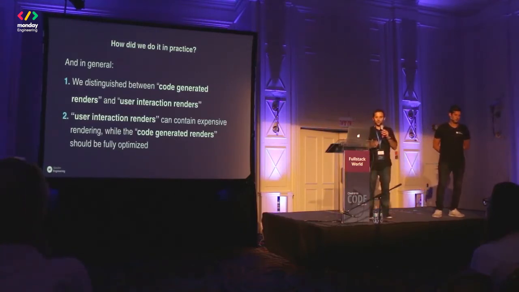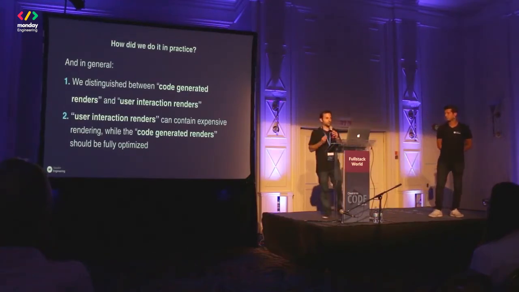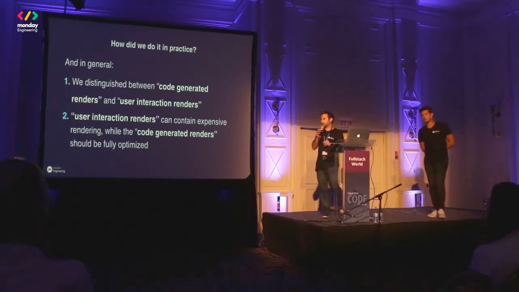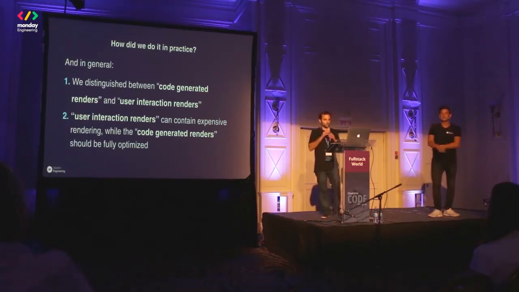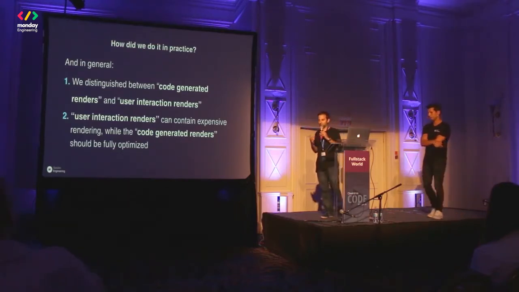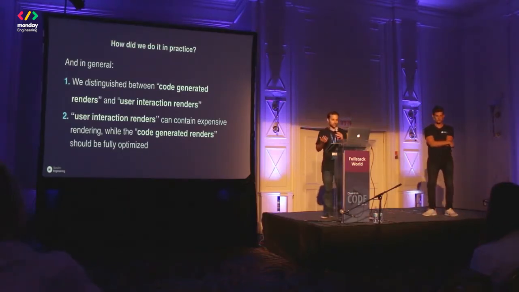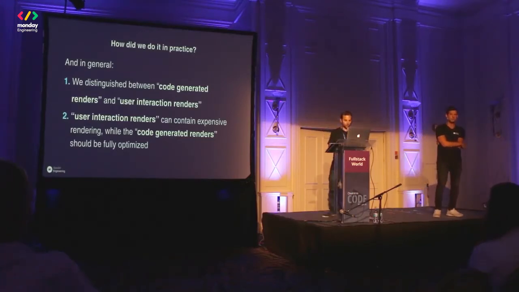The first one, code-generated renders, must be fully optimized. We dedicate a lot of time to make sure that everything is fully optimized. While for user interaction renders, this is the place where we can allow more expensive rendering and try to put everything we can there. This also wraps things up with the progressive rendering we talked about before.